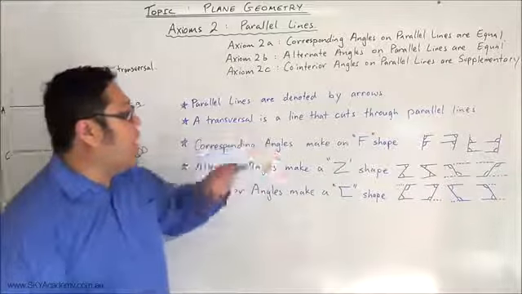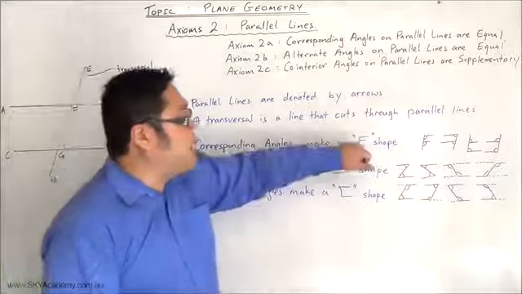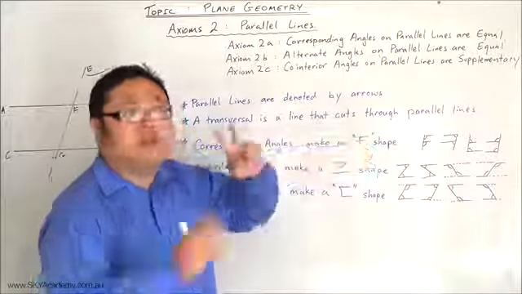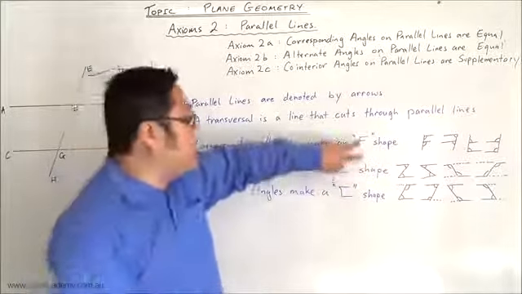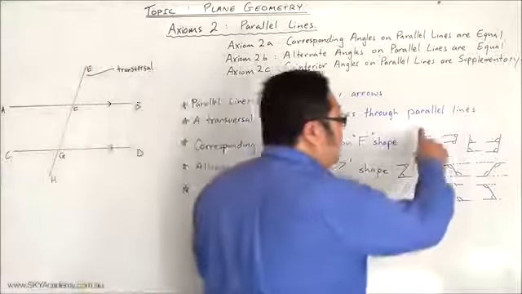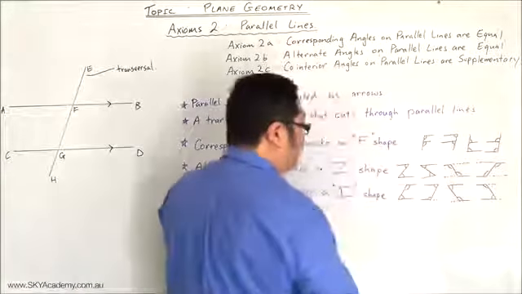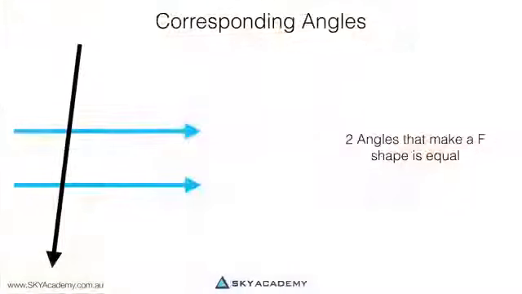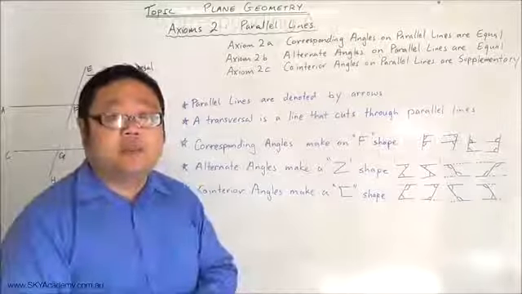Corresponding angles are two angles that form together to make an F shape. See how in this particular pattern, this angle and this angle form an F shape. We can say that those two angles are corresponding.